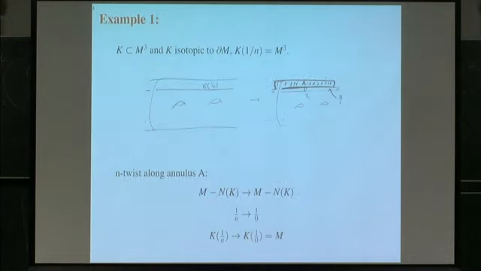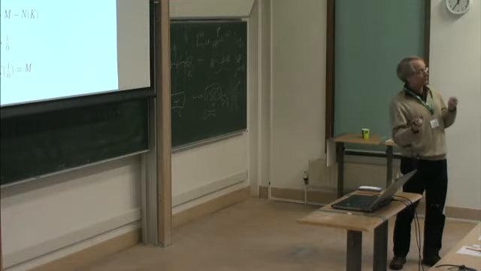Okay. First let me give some examples of knots in a handlebody that give a handlebody back. The first example is a knot in any 3-manifold with boundary that admits surgeries that give you the manifold back again.